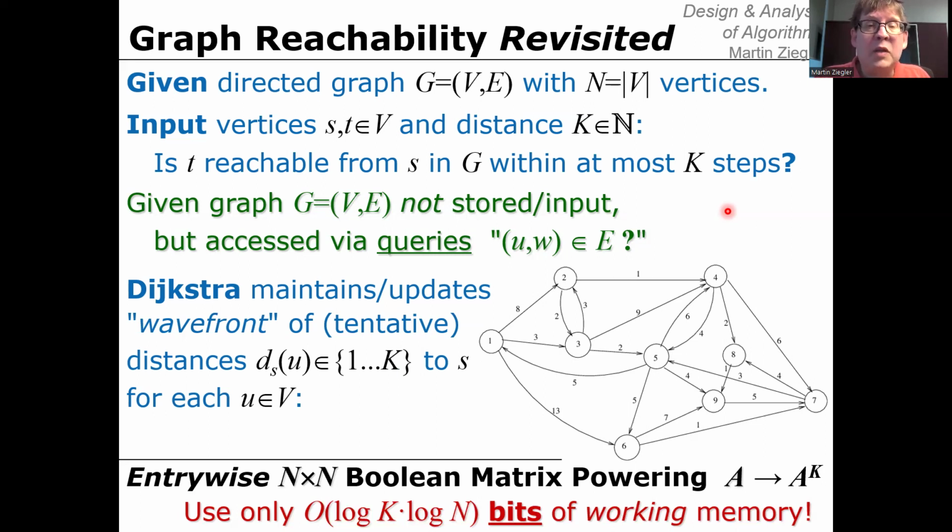That's a typical data structure for maintaining this wavefront. So that means that Dijkstra stores roughly n integers of log k bits. And our goal is to improve that memory consumption.